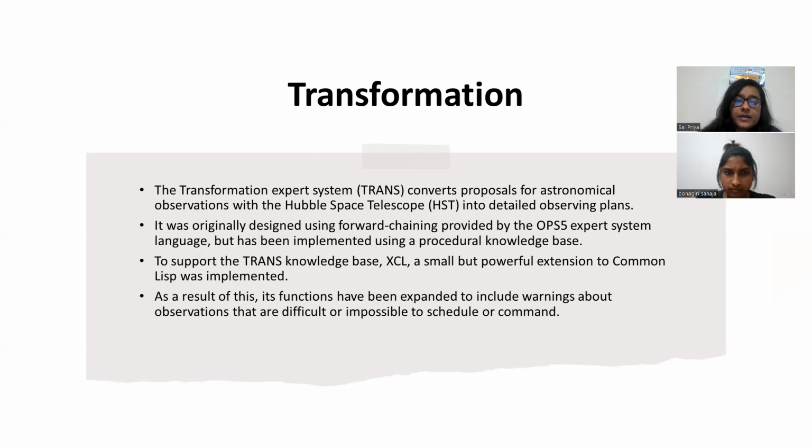This re-implementation was necessitated by the increasing amount of OPS5 code required to handle more complex situations, which required expert level intervention in the transformation knowledge base, and made it difficult to prevent individual rules and interactions exhibited in the problem exercises. Small but powerful Common Lisp extensions were created to support this.